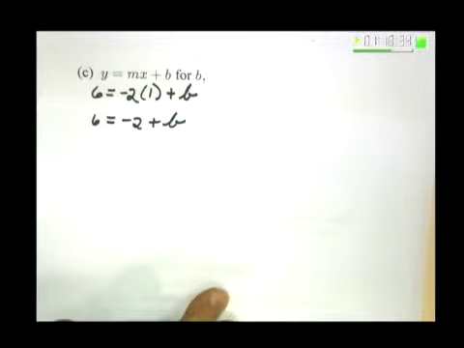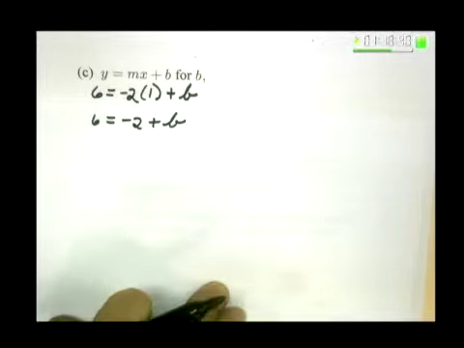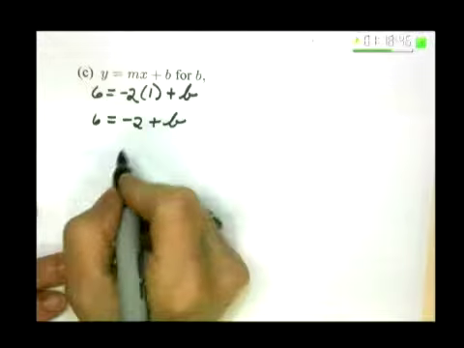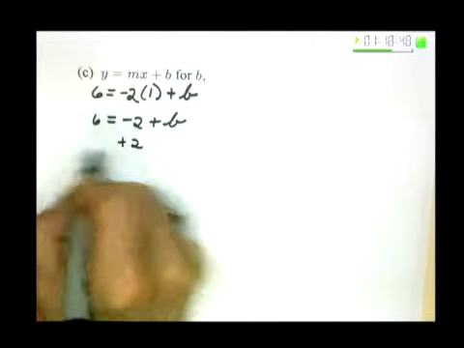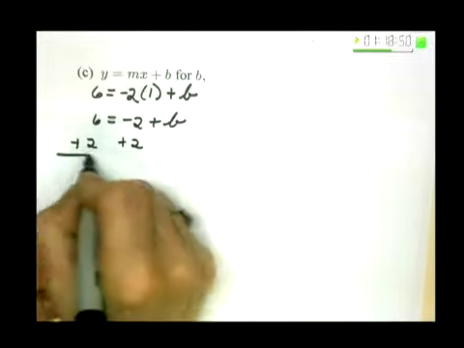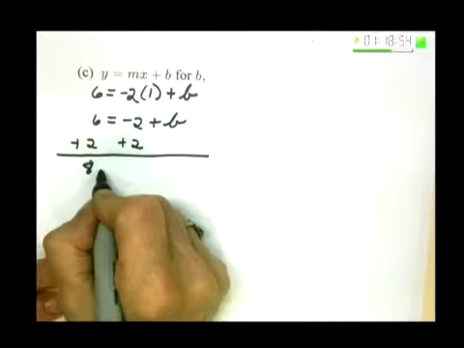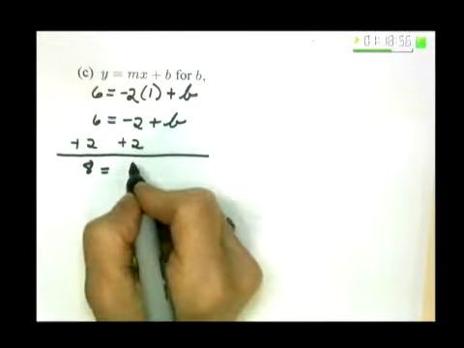So now I have a simplified form of the equation. And to solve for the variable b, I do the inverse operation of subtracting 2, which is add 2 to both sides of my equation. And 6 plus 2 is 8.